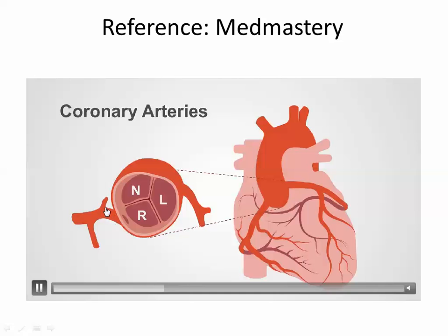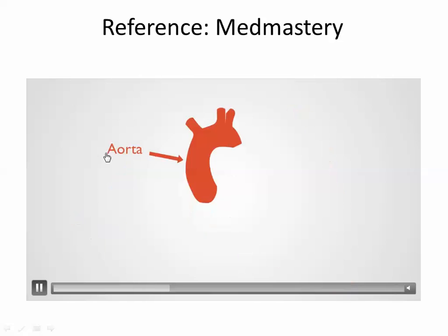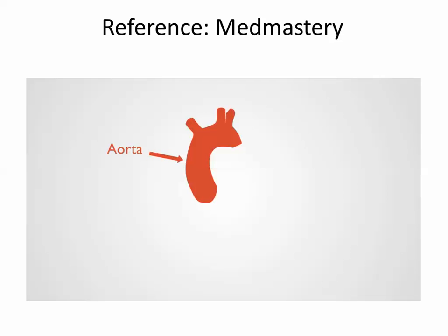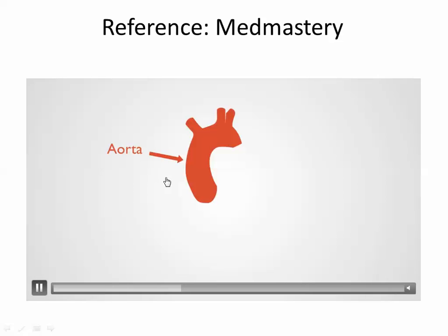Here, what will this branch going towards the atrium be? It will be the SA nodal branch, and the other goes to the conus. Here is the aorta, giving the left main. The left main bifurcates, as we said before, into the LAD and the LCX.